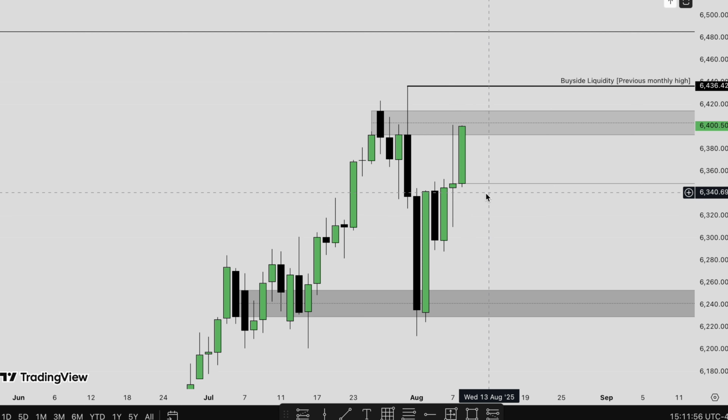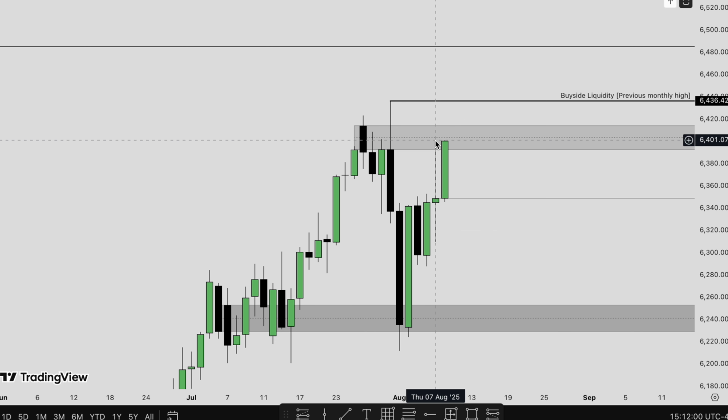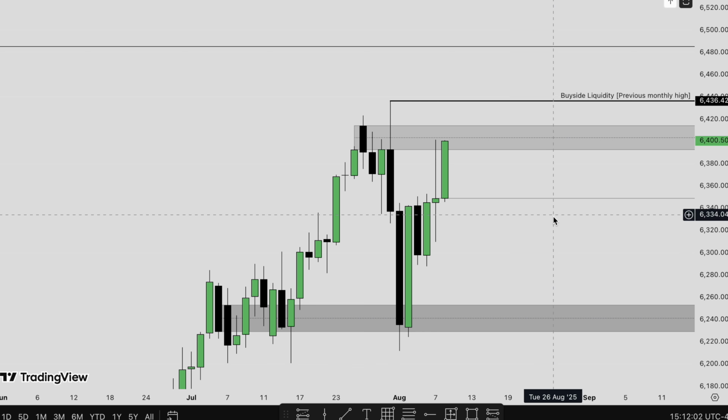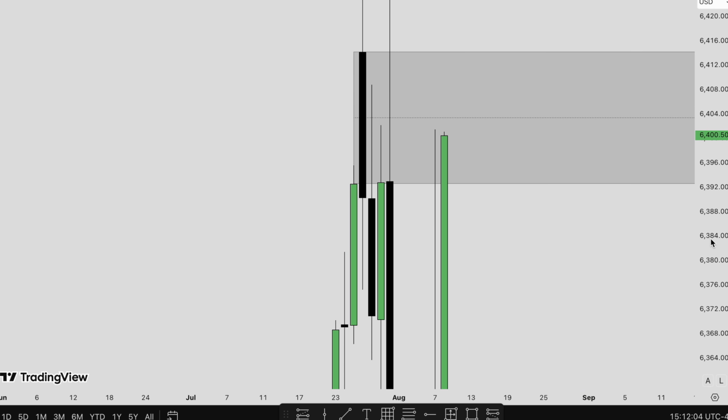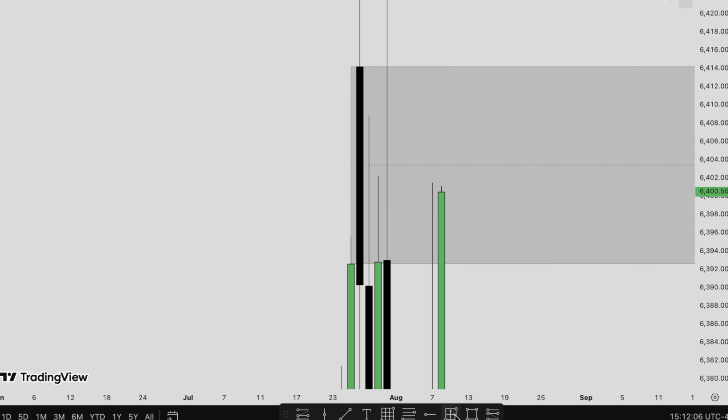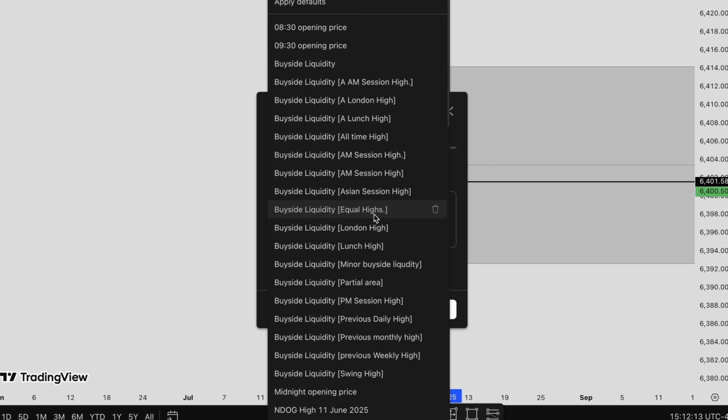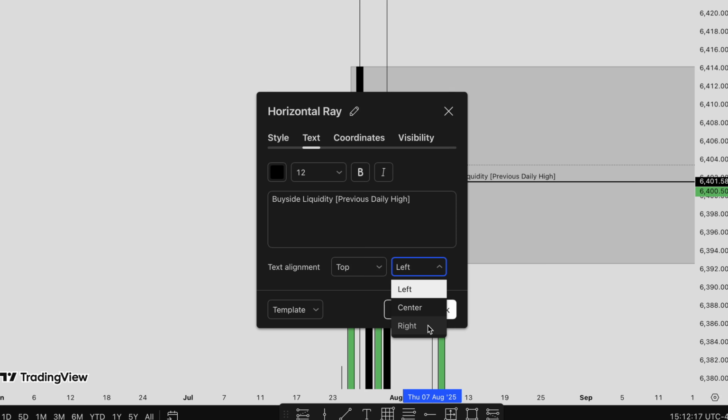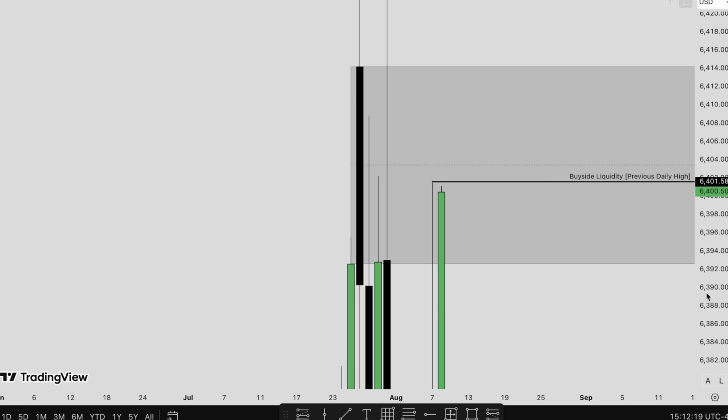I need them to be in sync, right? So I was looking for the previous daily high as well, which we have not hit yet. Price might gap up higher since I am recording this on a Sunday.